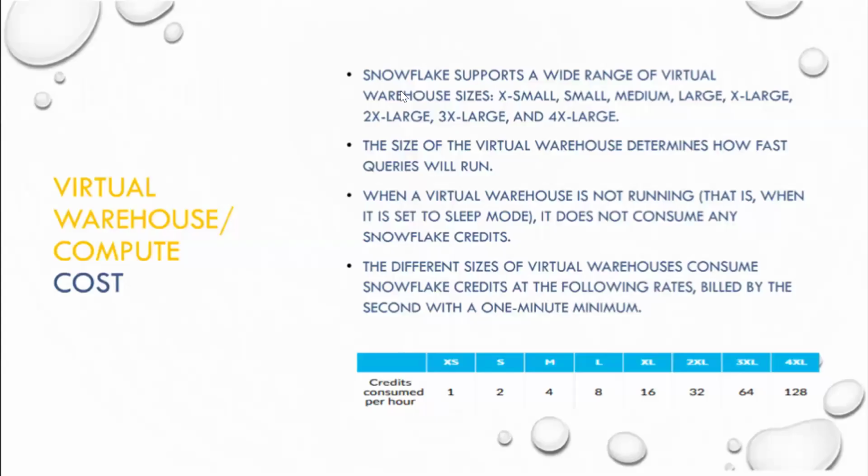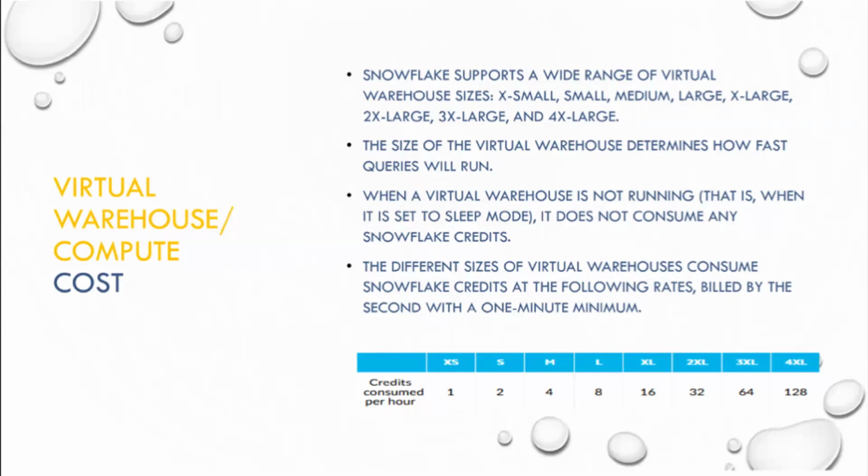The virtual warehouses are also called compute cost here. Snowflake supports a wide range of virtual warehouse sizes from X small, small, medium, large, X large and beyond. Whatever their size will determine how fast the queries will run.